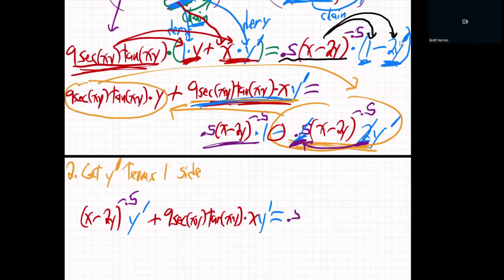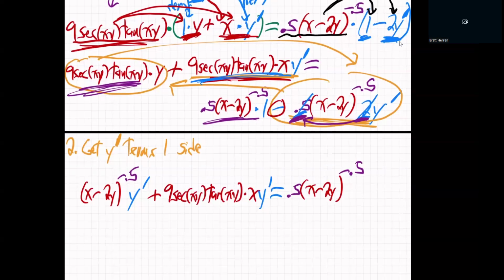So it's 0.5 (x minus 2y) to the minus 0.5. He doesn't have a y prime. And then this guy is going to jump to the other side. So what if I can squeeze him in? He'll become minus because he's positive.